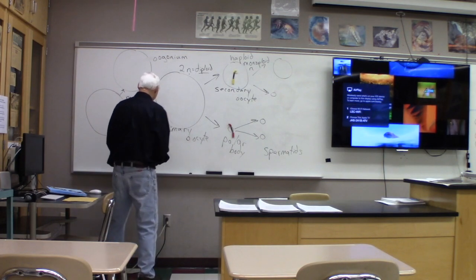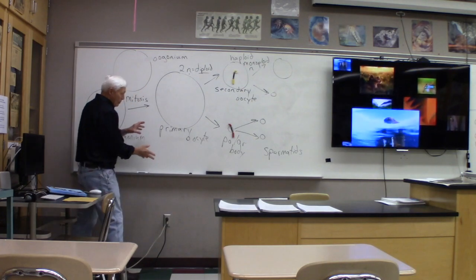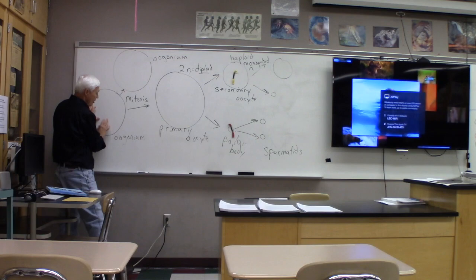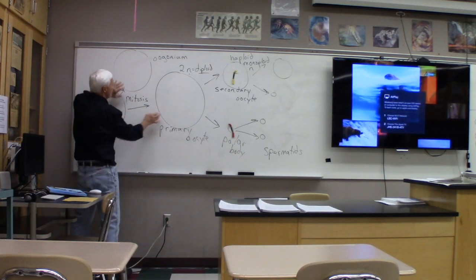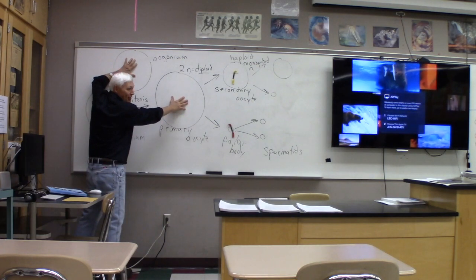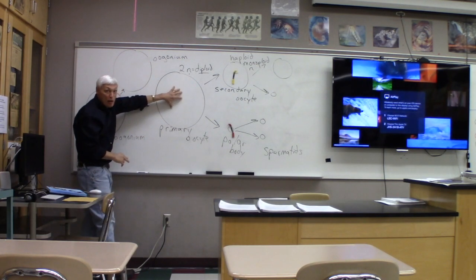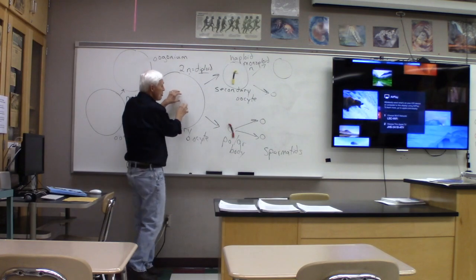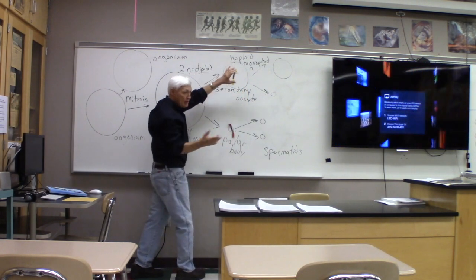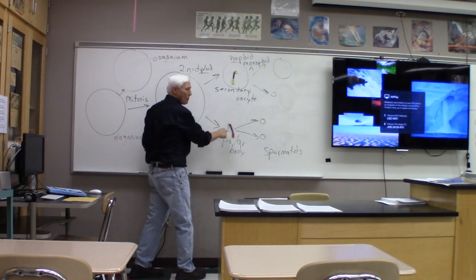All right. So, if we rewind just a little bit back here. So here's a special cell in the ovary now, oogonium. It does mitosis to make another oogonium and a primary oocyte. Primary oocyte's the one that's going to do meiosis 1 and make a secondary oocyte, fancy word for egg, and a polar body.